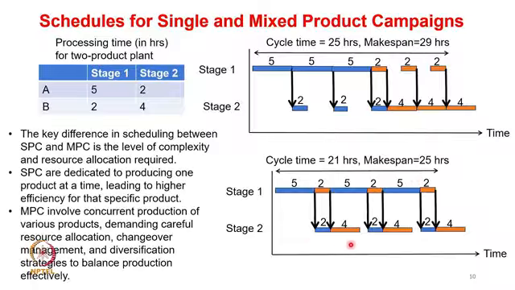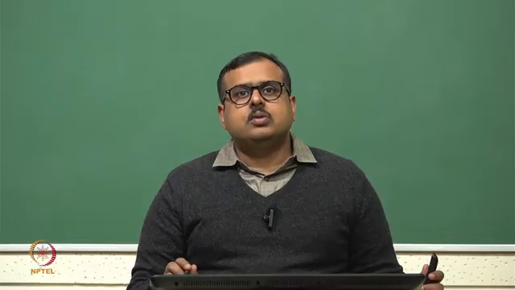So, you would eventually save time in case 2. Time in a production unit is a valuable thing, because everything in the economics eventually works in terms of time. You have to pay the cost of the labor, you have to utilize the ancillary utilities, everything is directly dependent on time.